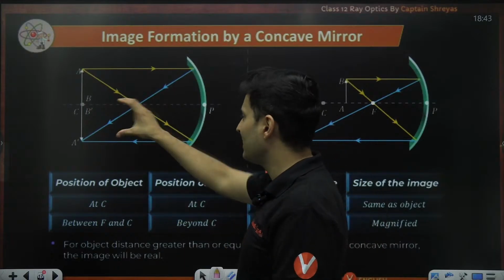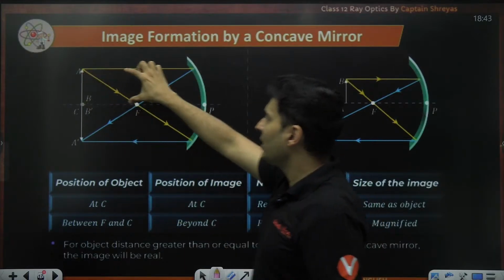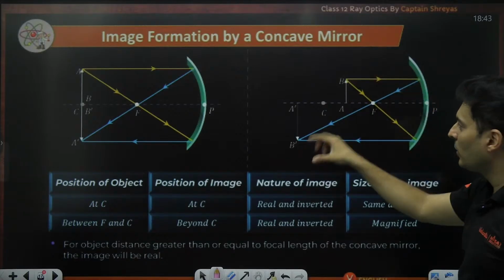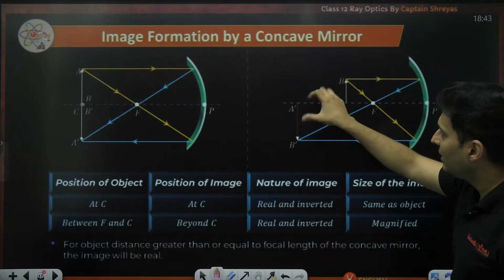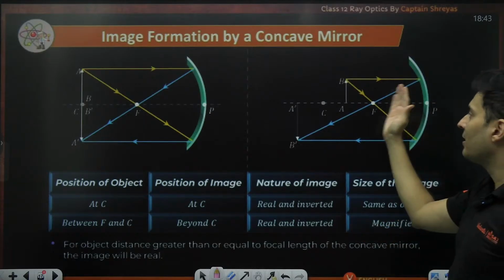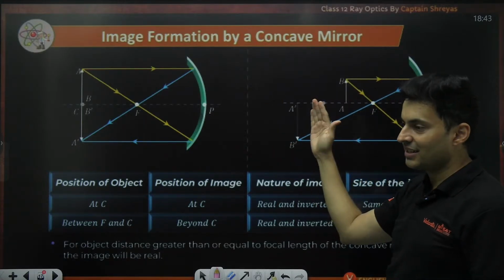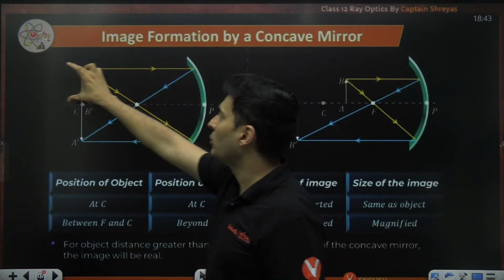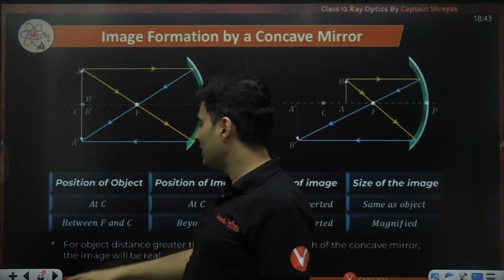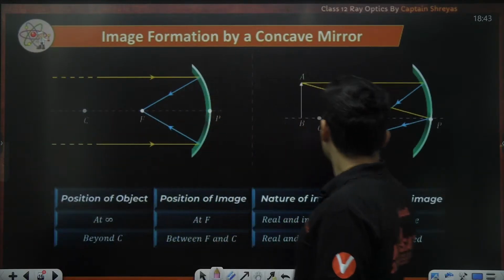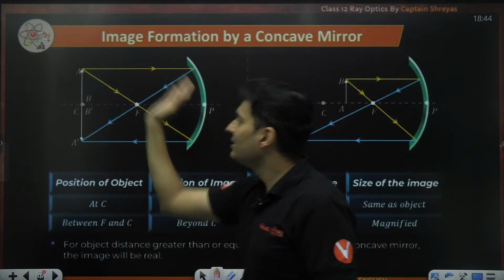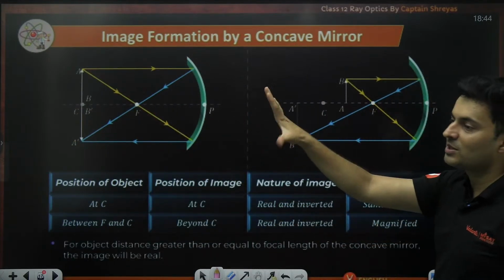If you bring the object closer, between C and F, then the image is inverted, bigger, and real. Real, inverted, and magnified. The image is formed beyond C. So as you get the object closer and closer, the image moves farther and farther. It was initially at F, then slowly it comes between C and F, then it comes to C, then it goes beyond C and becomes bigger.